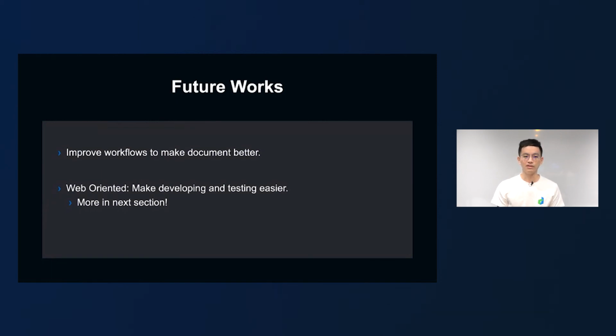And also, LIFF will decide to go more web-oriented, which will also make your developing and testing easier. For example, you may now need to consider a lot of clients to debug a LIFF application, but after we go web-oriented, maybe you don't need to consider the client so much, as all clients are the same.